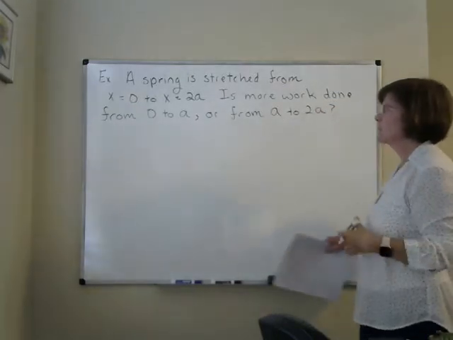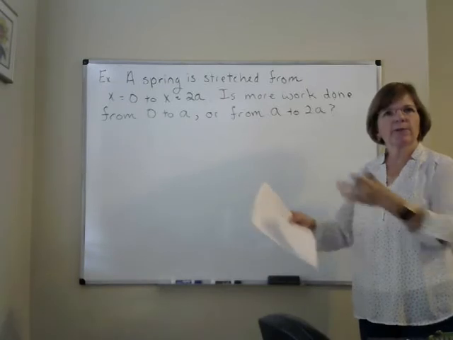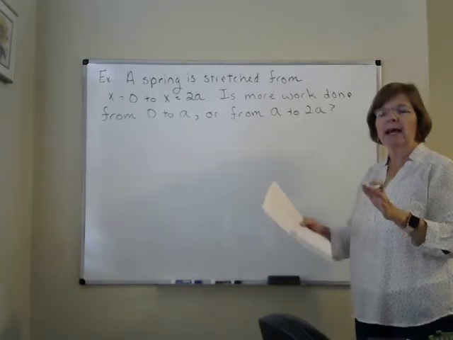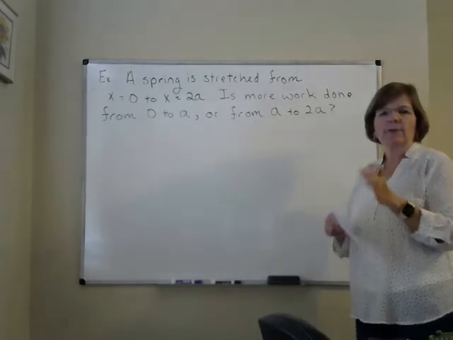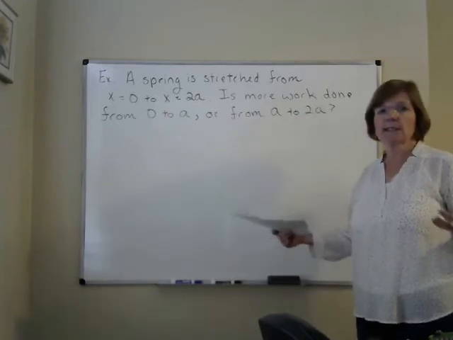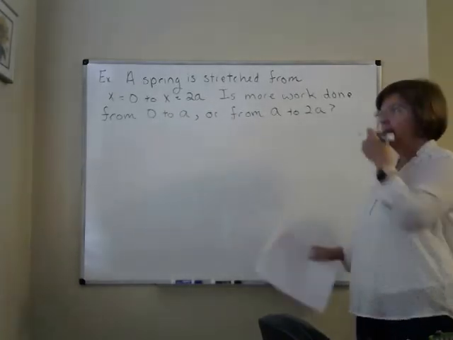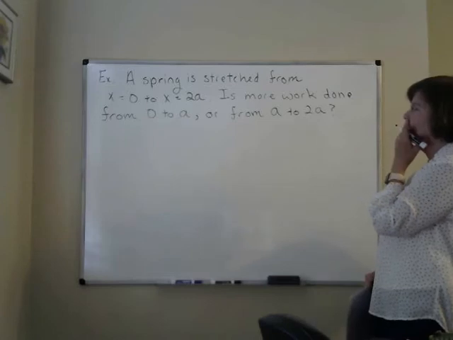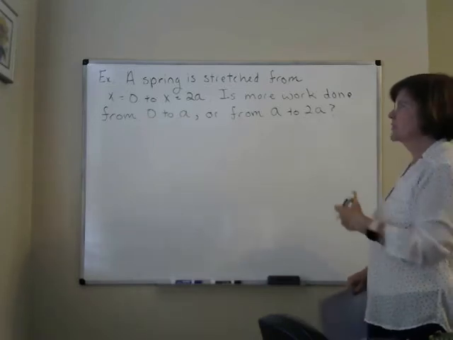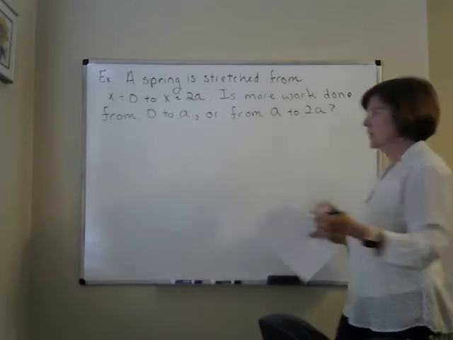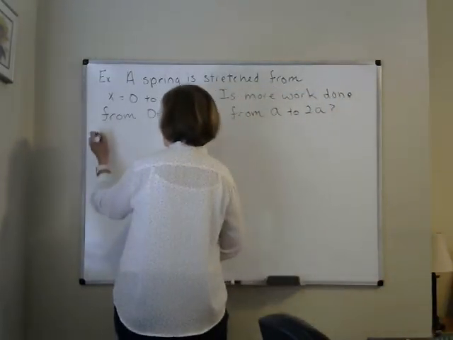Is more work done stretching the spring for the first half, when you move it from 0 to a, or during the second half, when you move it from a to 2a, or is it the same? Well, let's think about it. Knowing what we just said, if we want to get the total work, we just want to know how much work is done altogether.